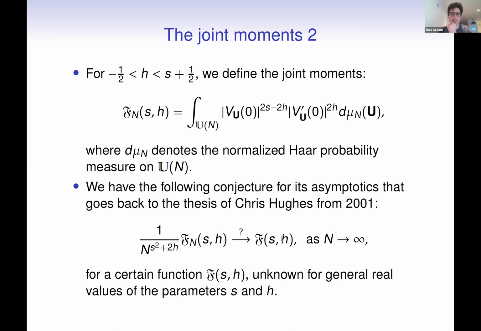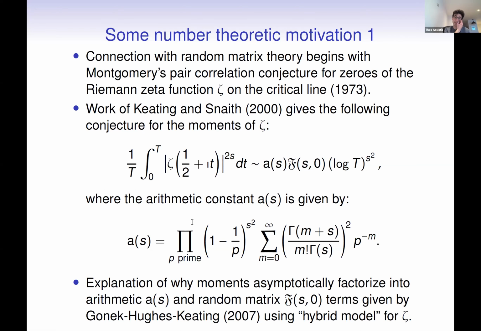But before that, let me tell you a bit more about some motivation, which is based on this conjectural connection between random matrices and number theory, and in particular the Riemann zeta function. This connection essentially begins with the conjecture by Montgomery, called the pair correlation conjecture, from the 70s, which essentially says that the correlations of the zeros of the Riemann zeta function high up the critical line are given by the sine kernel.